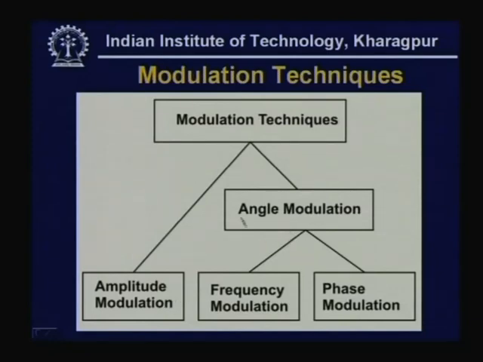The second alternative is known as angle modulation, where you are modifying the frequency, that means the frequency of the carrier is modified based on the signal to be sent or modulating signal, or it can be phase modulation. These two together are known as angle modulation. In this lecture, we shall primarily focus on amplitude modulation.